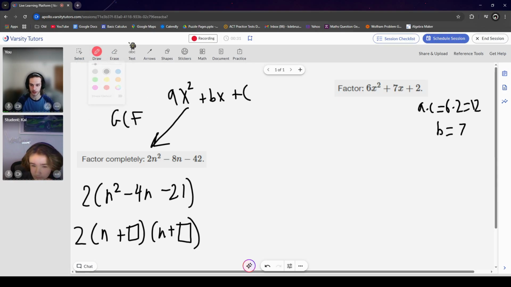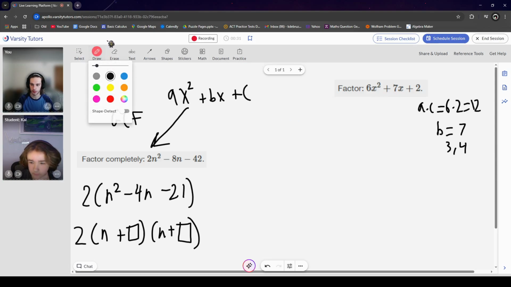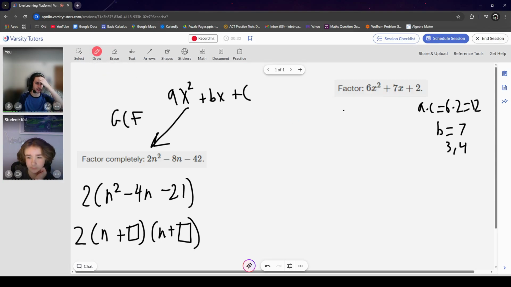So we're going to choose 3 and 4. But this is where the two methods differ. Instead of writing it like x plus 3, x plus 4, which is normally where we would stop in the previous problems, because we have the a, or the 6, it's a little different.